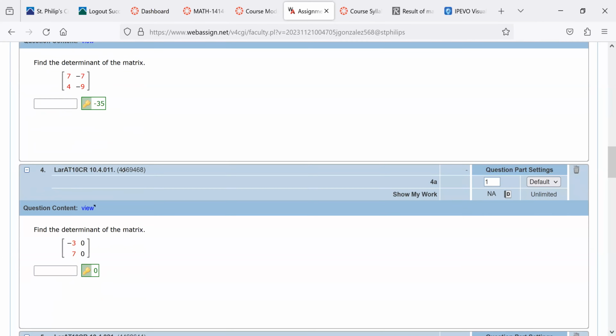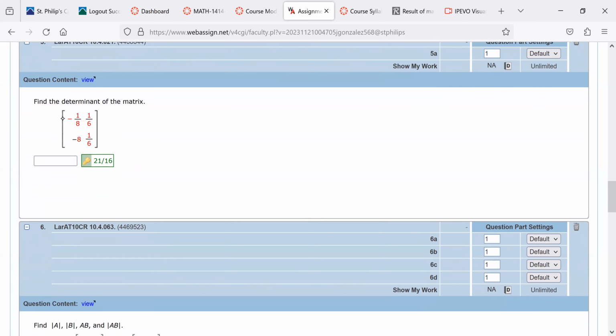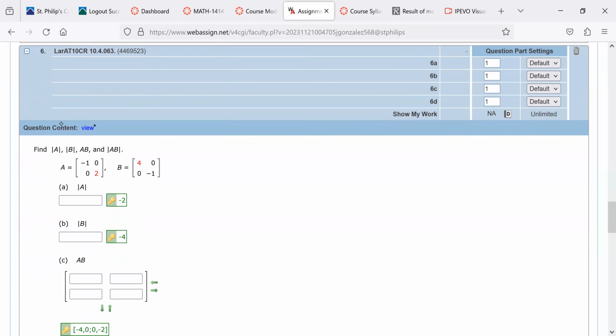They'll be the same for 3 and 4. Okay. I assume you guys are good. All the same deal.